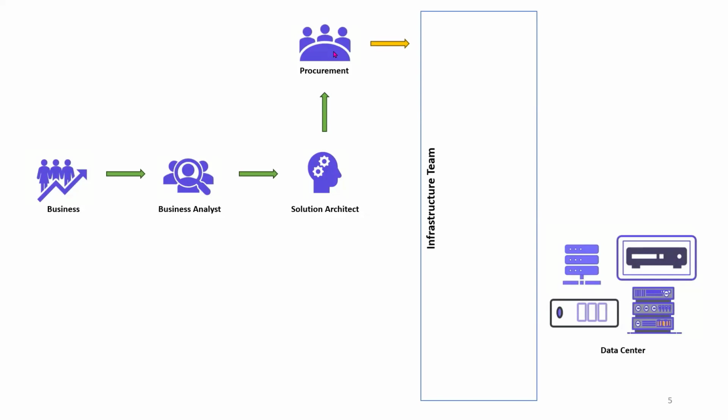once the entire infrastructure is available in the data center, the infrastructure team will come into the picture. Once the entire hardware is received at the data center, the field engineers are in charge of the rack and stack of the equipment, and the system engineers will do the initial configuration of the system.